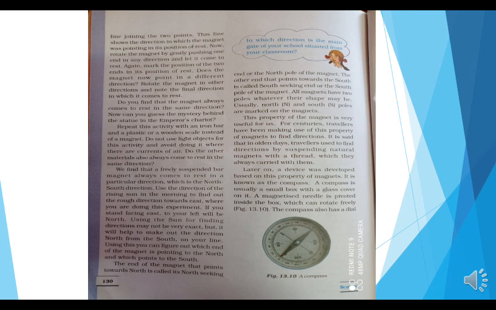It is usually a small box covered with glass, and there is a magnetized needle pivoted inside the box. In that box, the magnetized needle can rotate freely, and the compass has a dial with directions marked on it.